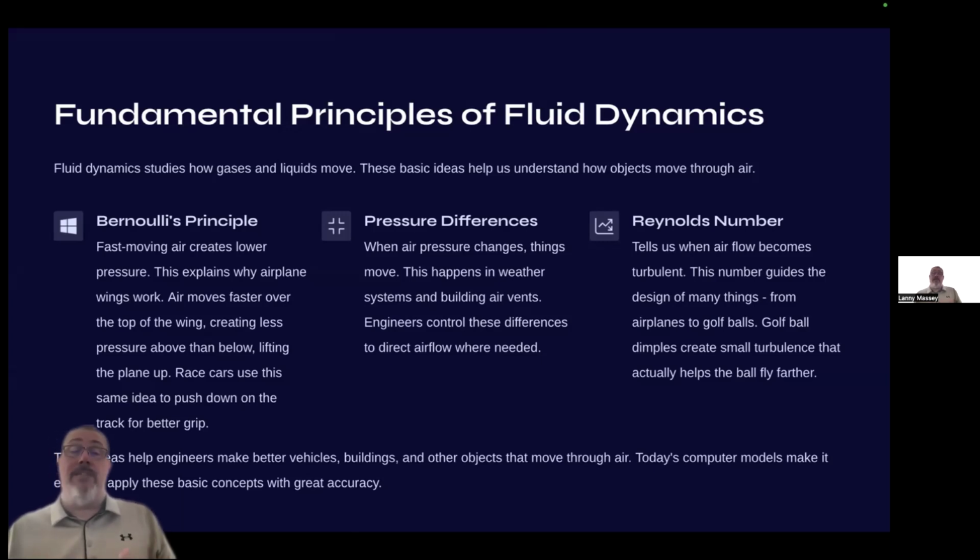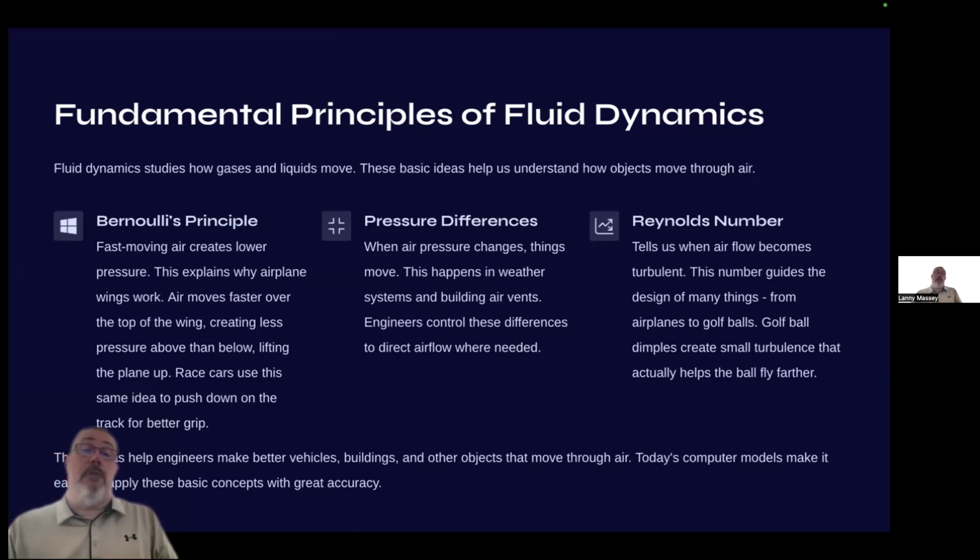Same thing, and when I say air, we're talking about fluids too. Same thing can happen when you are dealing with water. The same things that can be used to cause flight in an airplane can also occur with water and allow things to kind of rise up in the water quite a bit as well. So there's some fluid dynamics there.